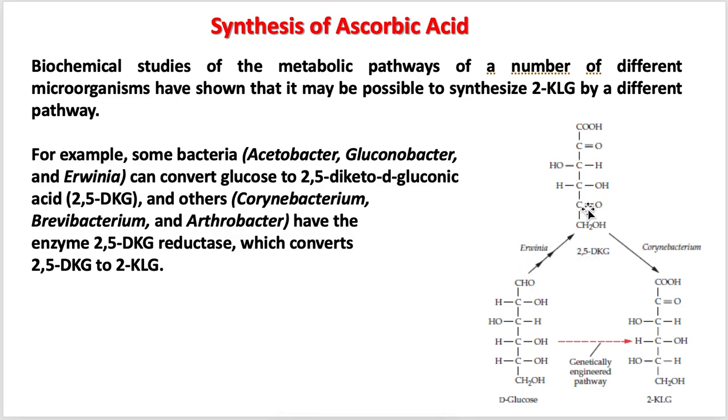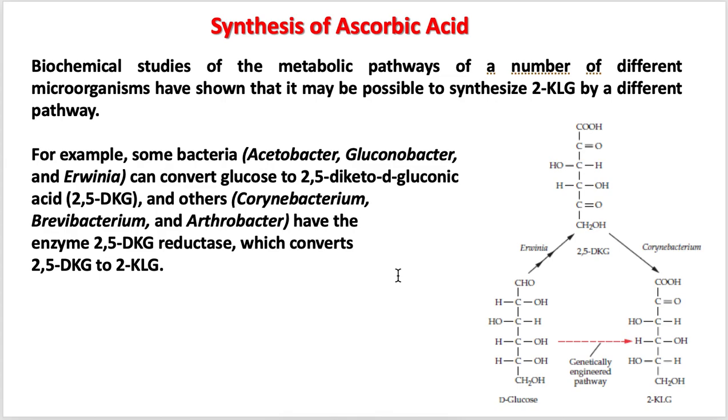If we look closely at the metabolic pathways, the transformation of D-glucose to 2,5-DKG is not a one-step process. Several steps are involved, which means several different enzymes, so Erwinia has different genes to catalyze these steps.